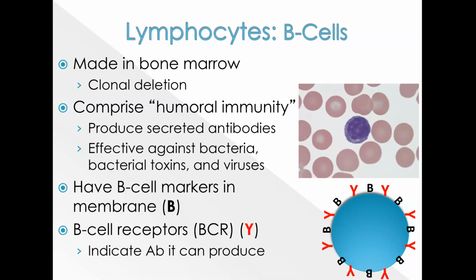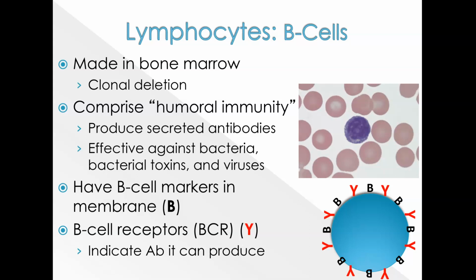If you ever see that CD abbreviation, it's simply talking about a marker, usually a protein or a glycoprotein on the outside of a cell that lets other cells know what that cell is. There are characteristic markers on the outside of every particular kind of cell.